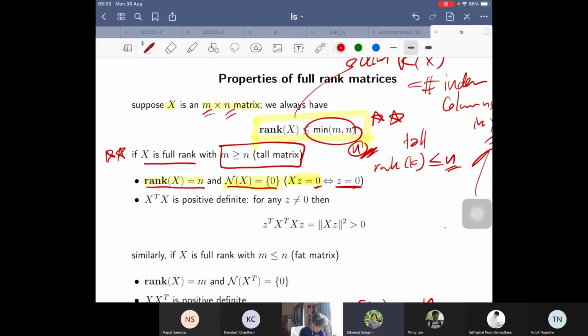All right. First, you recognize that X transpose X is always positive semi-definite for any X, because this is a quadratic form in X. But then, if X is full rank, we can show that it is even stronger: it is positive definite. Why?